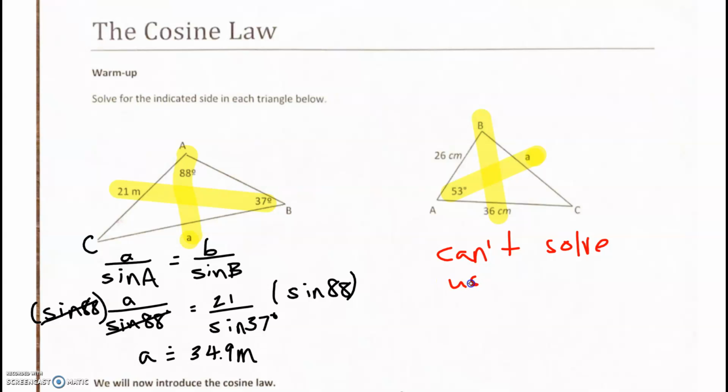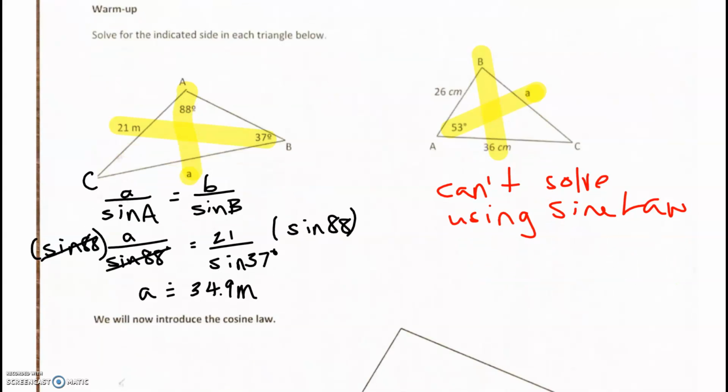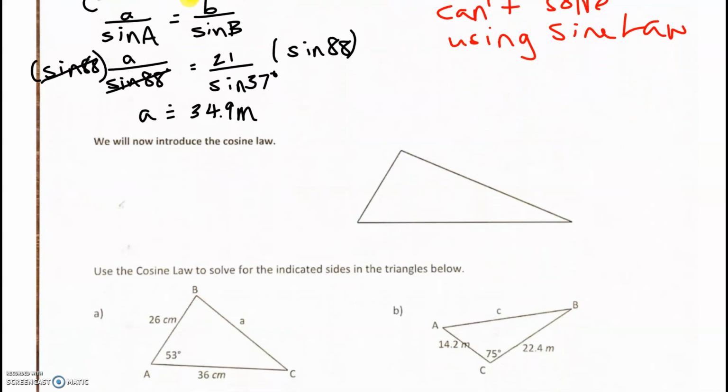So lucky for us, there is another way to solve a non-right triangle, and it's called cosine law. All right, so let's take a look at what the cosine law is.